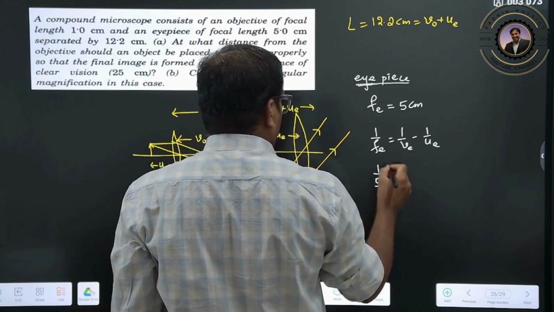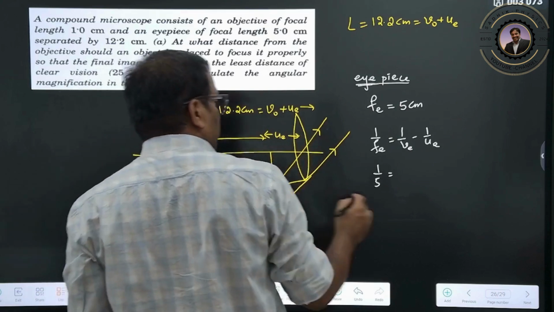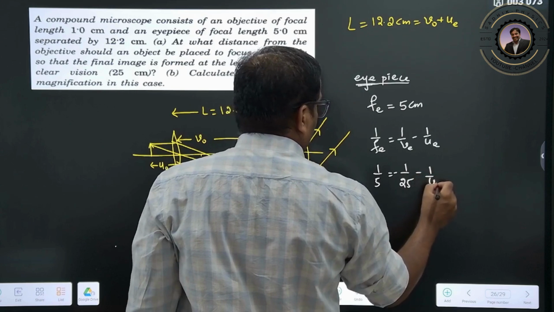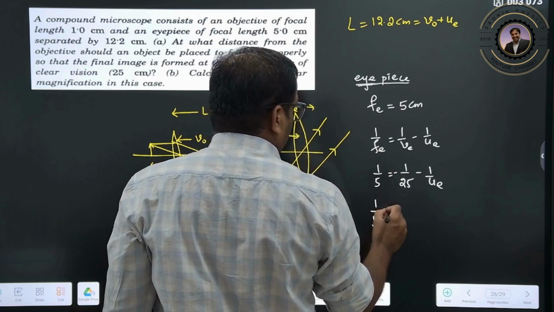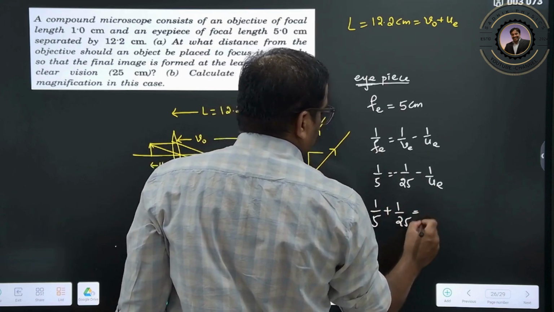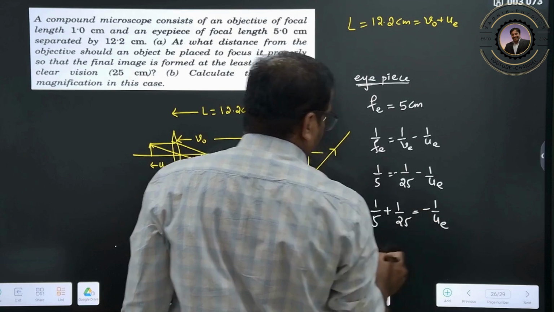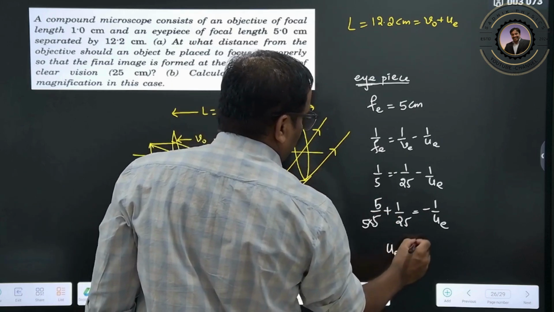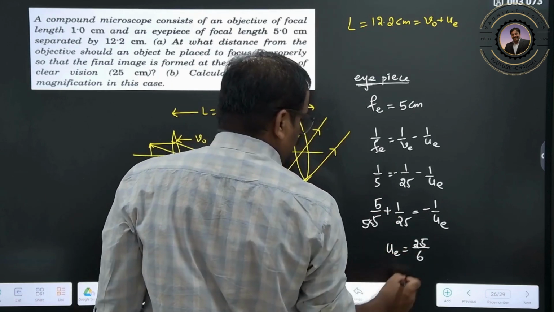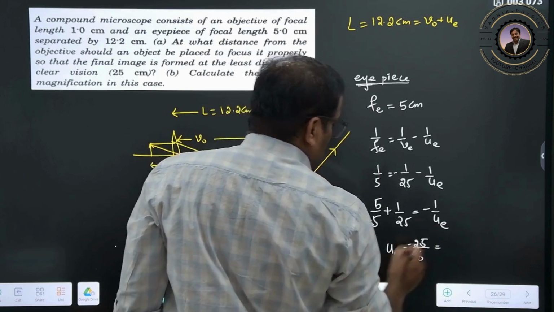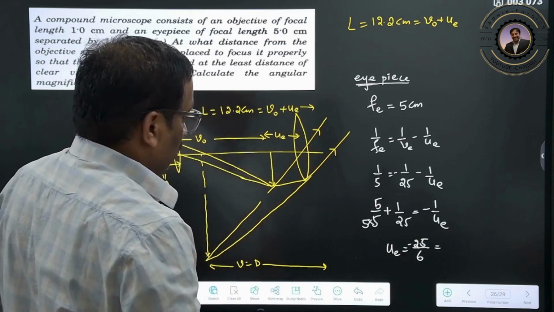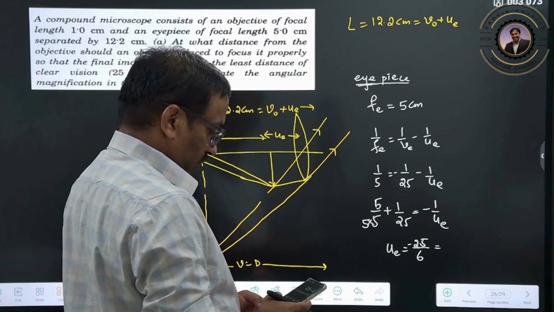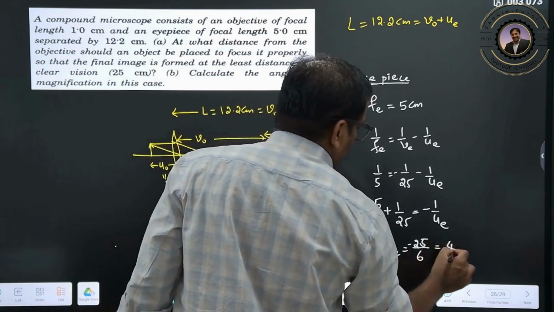So, 1 by V_E is nothing but, on this side it is only there, so 1 by 25 minus, so minus of 1 by U_E. Taken here, 1 by 5 plus 1 by 25 is equal to minus 1 by U_E. So this I will write as 5 into 5. So therefore U_E is equal to 25 by 6, so we can write it as 25 by 6 now. How much will it be? 4.16.